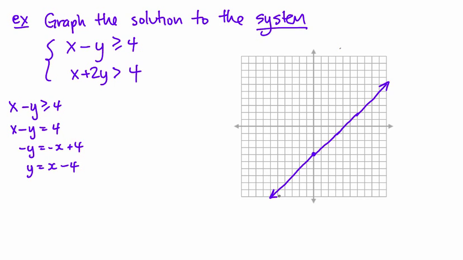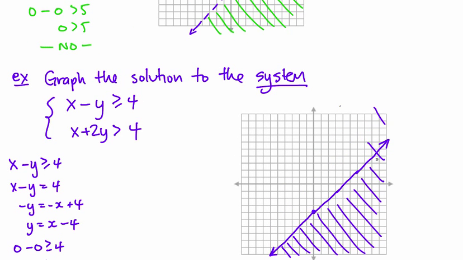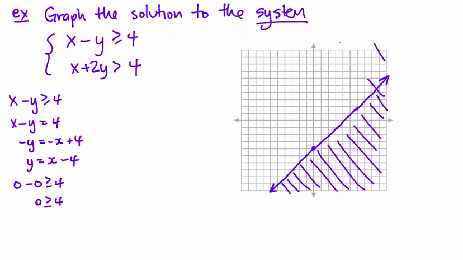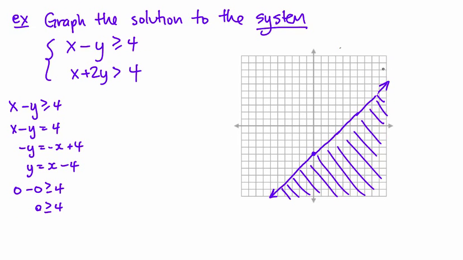And I can test 0, 0. 0 minus 0, is that greater than or equal to 4? No, it is not. So this one has a solution that's over on this side. Okay, now I'll graph the other one in green. So I think about x plus 2y equals 4. So that's 2y equals minus x plus 4, or y equals negative 1/2 x plus 2, dividing by 2.